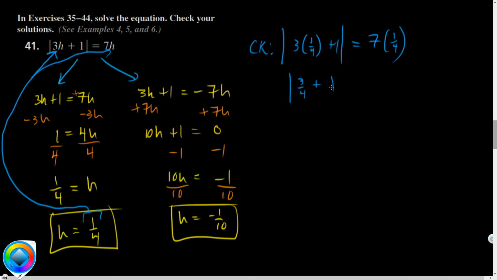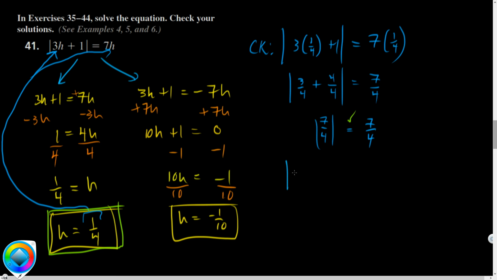I could rewrite 1 as 4/4. Do you guys agree with that? Equals 7 times a quarter is the same as 7/4. So 3/4 plus 4/4 is 7/4. And the abs-val of 7/4 is equal to 7/4. So this seems to work out, right? Ching, that's true. So I think this is a real solution right there. Let's check the other one.